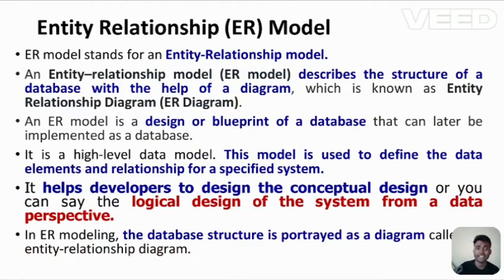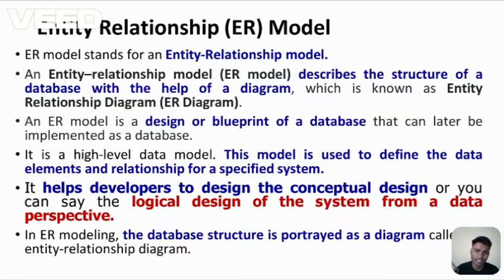Then we have the entity relationship model. An entity relationship model describes the structure of a database with the help of a diagram, which is known as the entity relationship diagram. Previously, I explained something about a diagram of a database, which is an easier way to understand the data, and that is nothing but the entity relationship diagram.